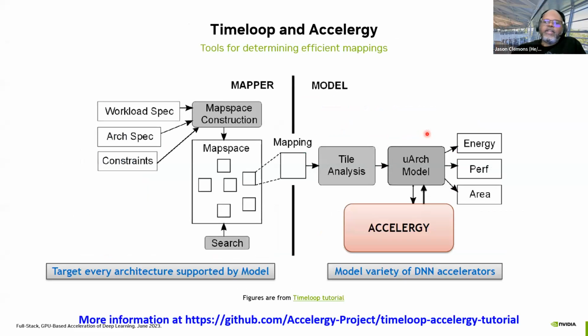And so this is just me wanting to plug a little bit of work that's come out of NVIDIA research, working with MIT. This came out of our architecture research group, where we have a tool called Timeloop. It takes the architectural specification and does a search to find these mappings to get you this energy, along with Accelergy, which is used to estimate the energy.